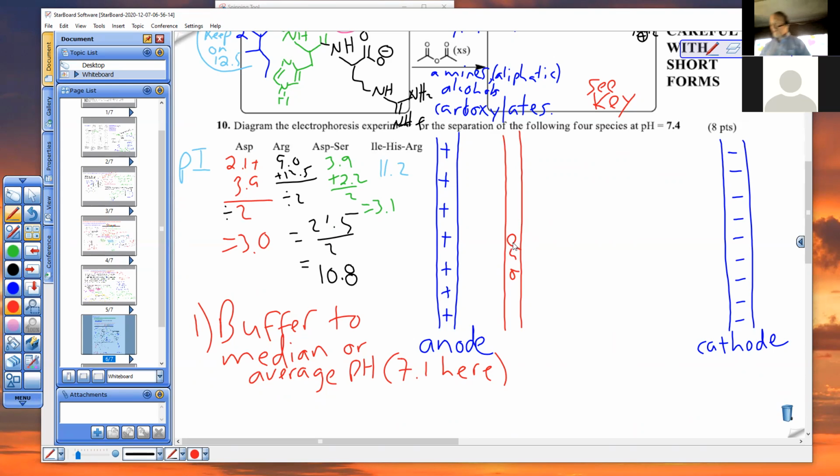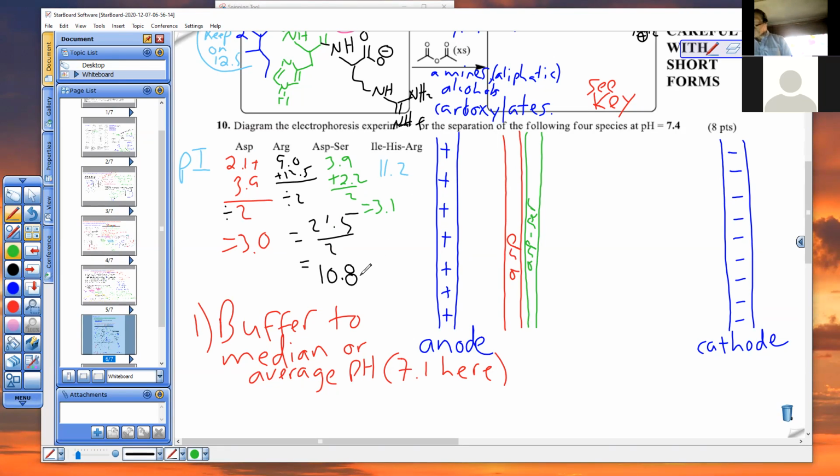Now, right close to it, but not quite as negative, is the dipeptide Asp-Ser. And these experiments are sensitive enough that if the difference is anything, even 0.1, you can separate things. And there you go. You got Asp-Ser right there in that band.